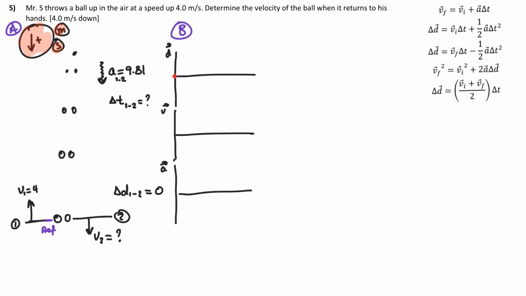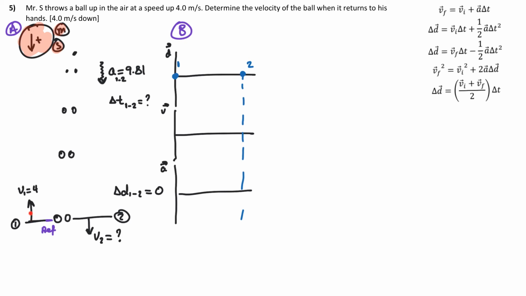So we start here at the reference point at stage 1, and at the end, we also end at our reference point. So we know that much about our positions.